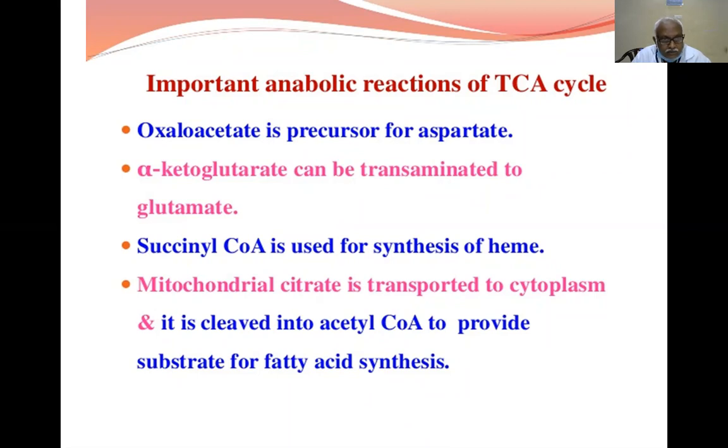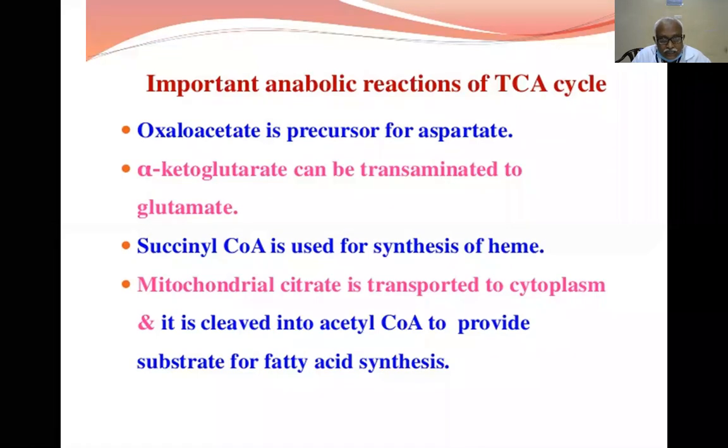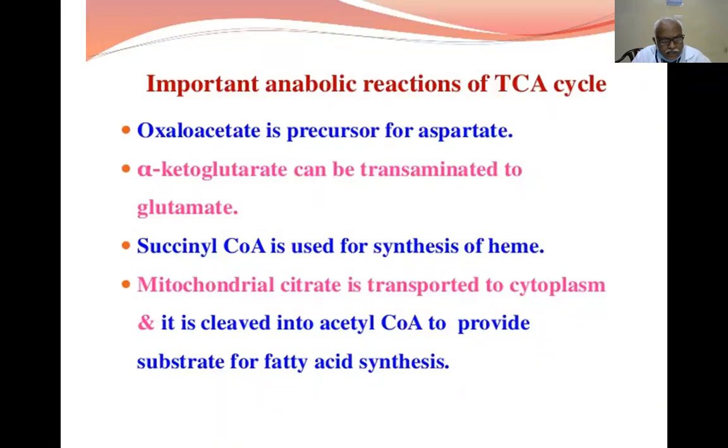So remember, succinyl-CoA is used for the synthesis of heme. All of us had the benefit of the synthesis of heme in our pediatric life, in our intrauterine life, and even in our adult life, only by the synthesis of succinyl-CoA through the carbohydrate glycolytic pathway.